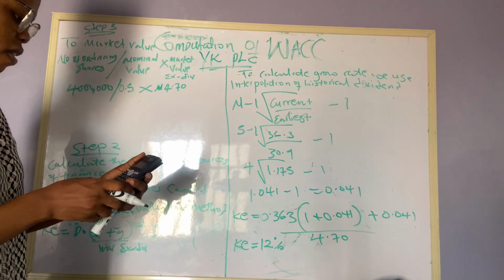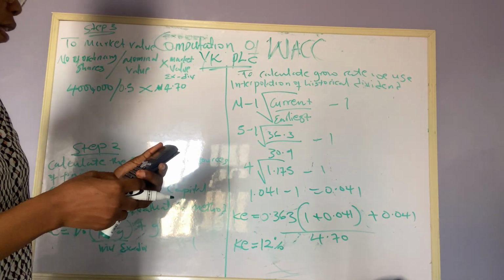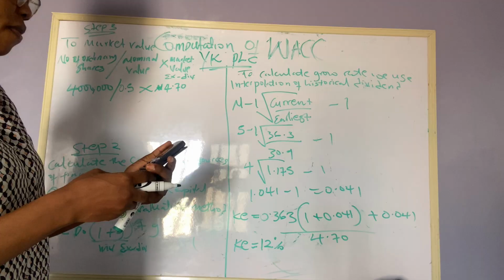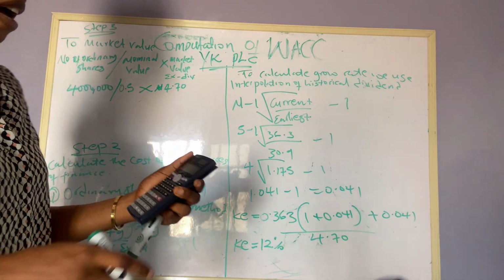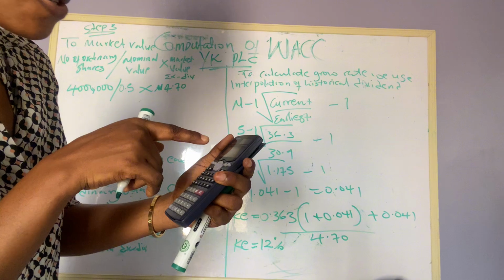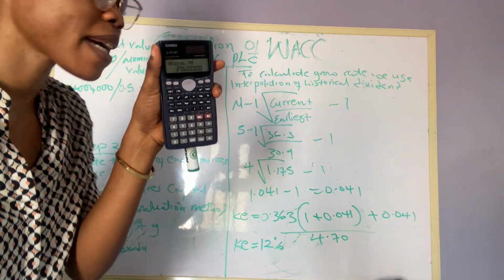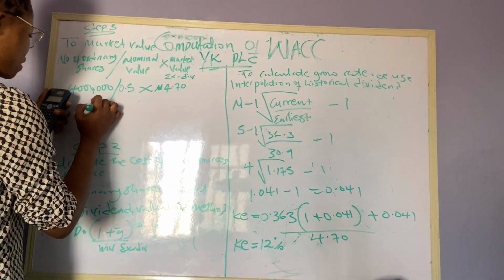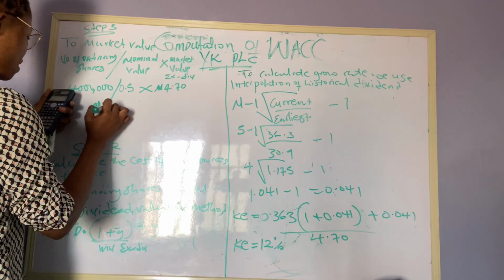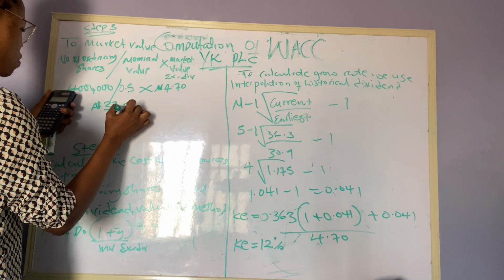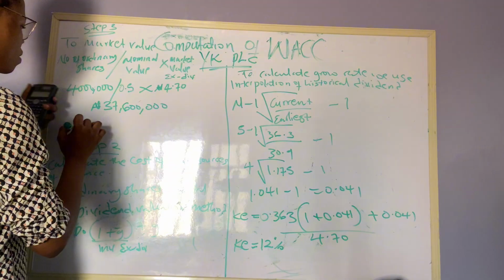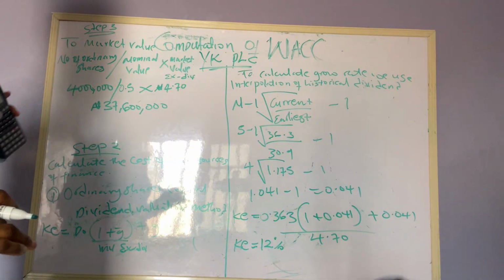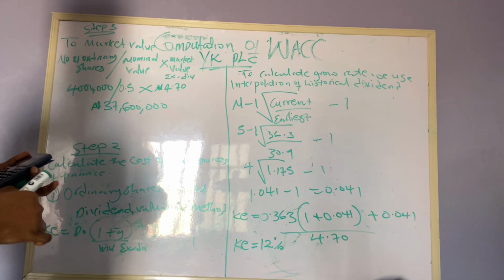So it's going to be 4 million divided by 0.5 times 4.70. We have 37,600,000. That's our total market value for cost of equity.